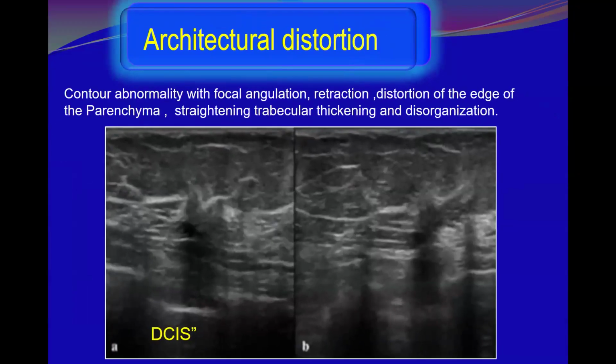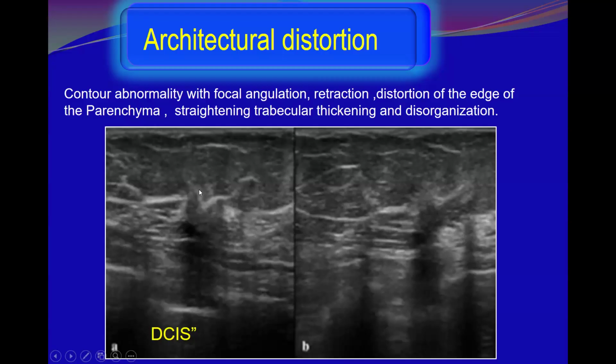Okay, what about this image? Here we can see a contour abnormality again. If I look here at the parenchyma, this is the contour of the fibroglandular fat interface. When we come to this area, the contour is disrupted. Again, here the contour is disrupted. How is it disrupted? There is angulation.